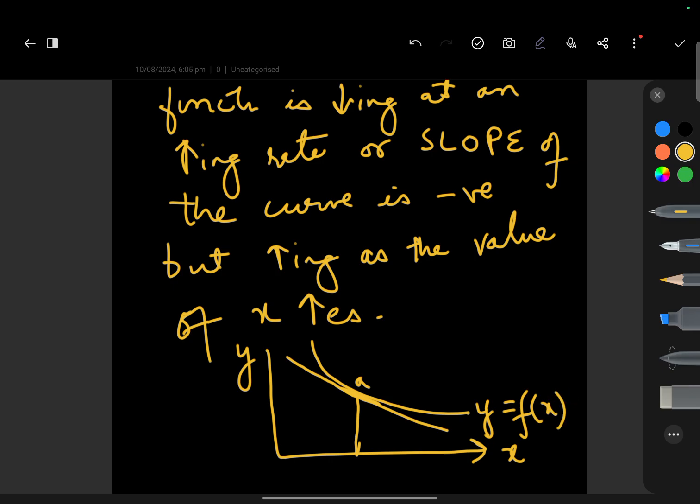So this function is decreasing. It has a negative slope at an increasing rate, and the slope is negative. So this negative slope tends to become less steep as the x increases, and the curve is concave upwards and convex downwards.